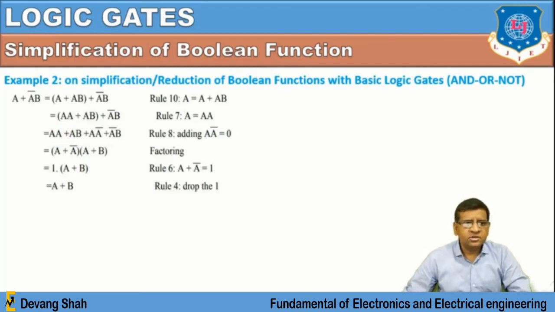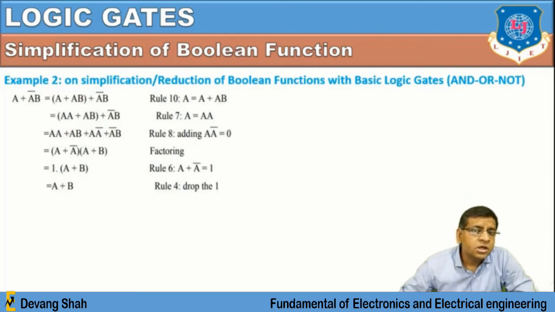One more example based on the simplification or reduction of functions with the basic logic gates AND, OR, and NOT. You can apply here a kind of De Morgan's law, where you see A plus A bar into B, where you can expand the A like A plus AB plus A bar into B, and once you expand this, ultimately your final answer would be A plus B by using Boolean algebra.